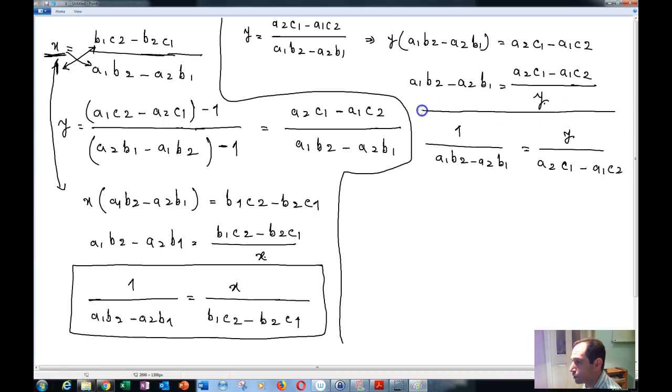And that's another thing that I can use here. So now if you take a look at what we've gotten over here, you see 1 over a1b2 minus a2b1, 1 over a1b2 minus a2b1. So basically that means that this side of these two equations are equal.